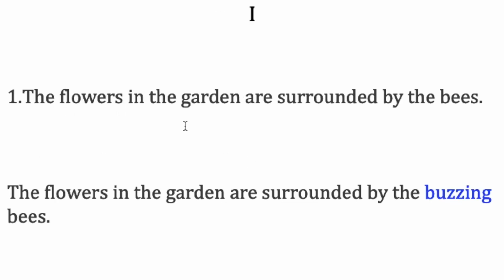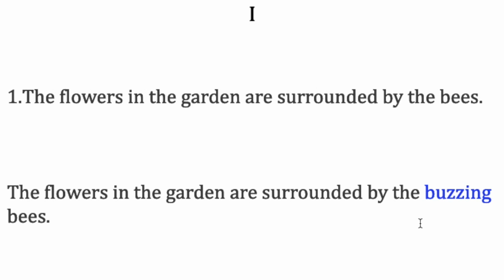I have written: the flowers in the garden are surrounded by the bees. It's just a simple expression. Now, the same expression we can modify a little and say: the flowers in the garden are surrounded by the buzzing bees.